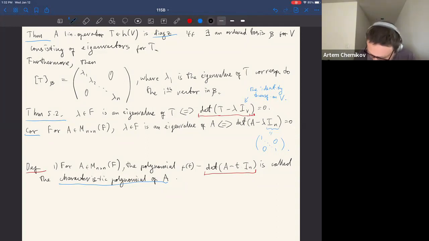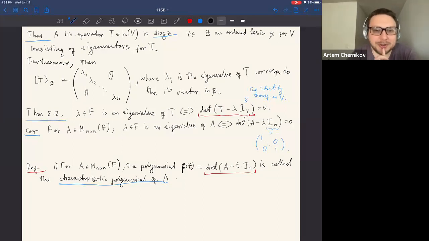So f of t is equal to this determinant. The question was actually what is this letter? This is f, so I'm just writing f. Sorry, my f's are sometimes a bit unfinished.